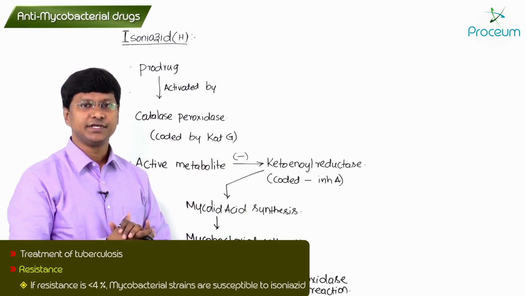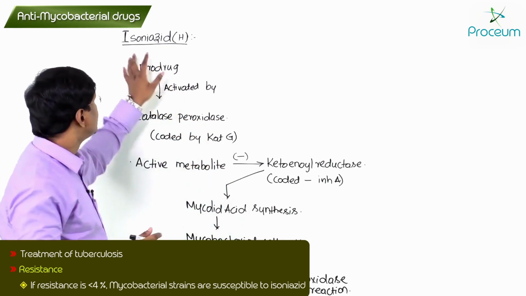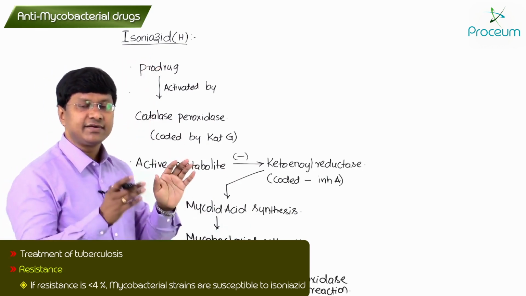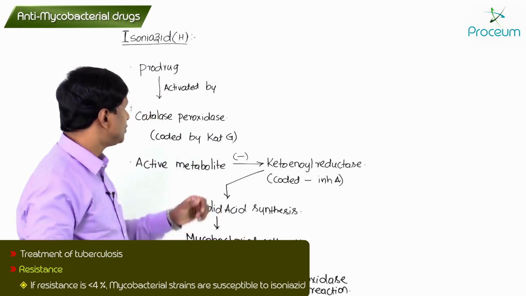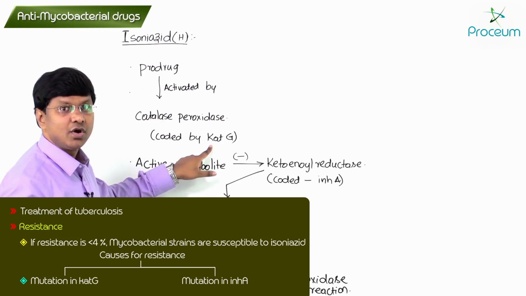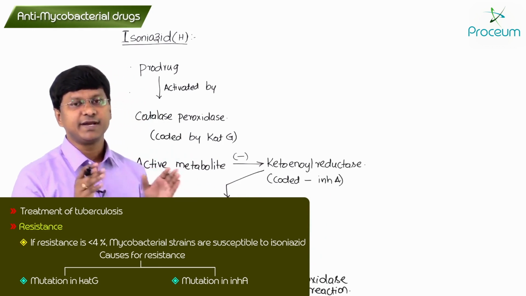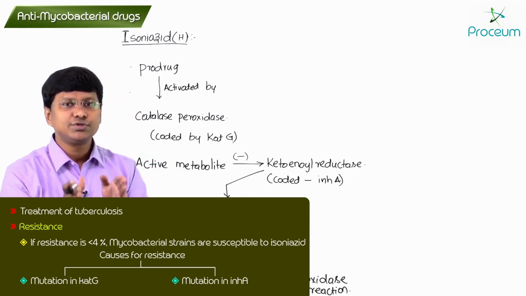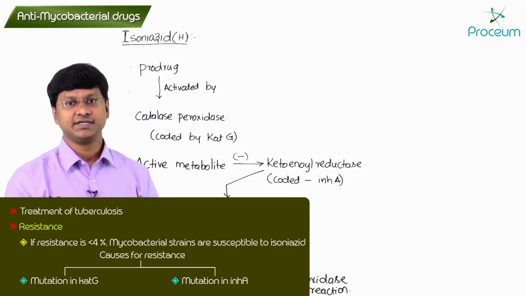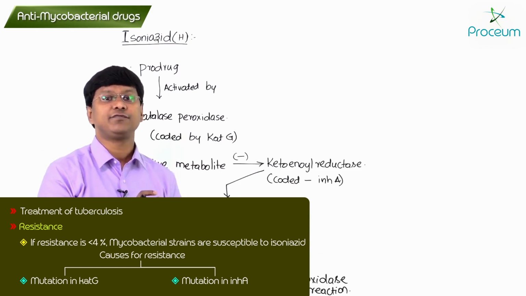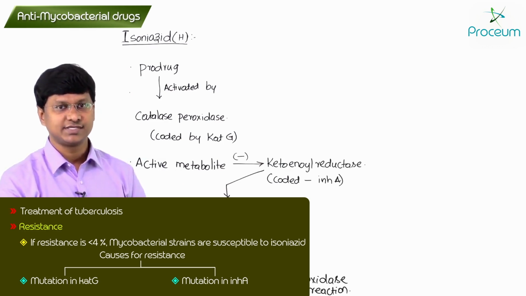Mycobacterium tuberculosis can develop resistance to isoniazid, due to mutation of the gene KatG or mutation of the gene INHA. But if the resistance increases to more than 4%, the strains are not susceptible to isoniazid. So remember this point.